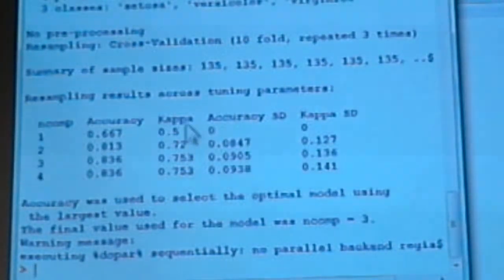And here, kappa. This is a kappa statistic, Cohen's kappa statistic, basically something like this.